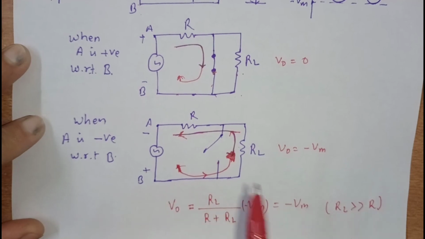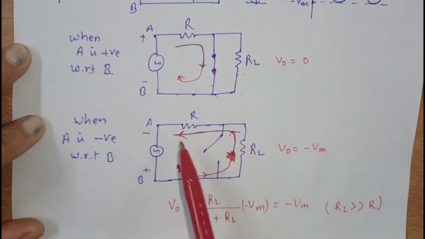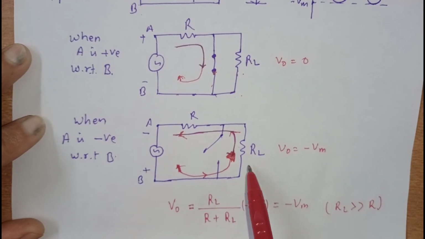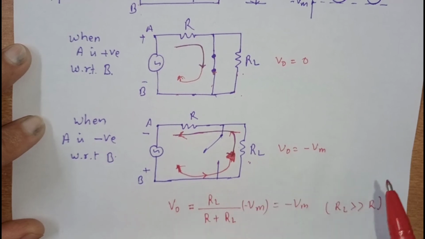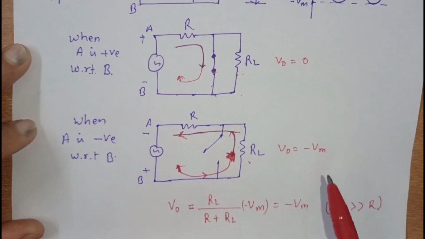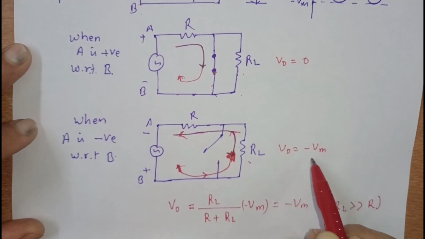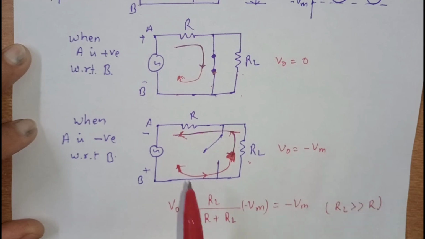Now the current will flow through this path in this direction. Because the current is flowing through the resistance RL, there will be a voltage drop, and that voltage drop will be almost equal to minus Vm, as we are considering the ideal case.